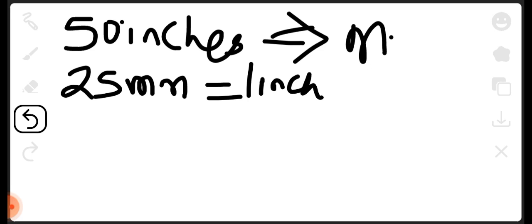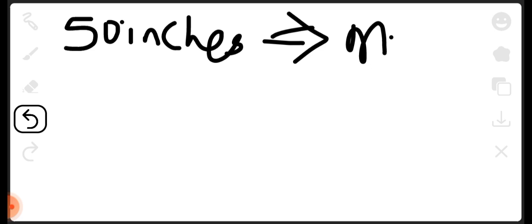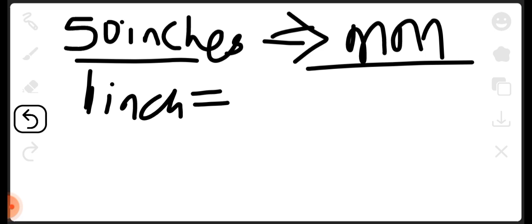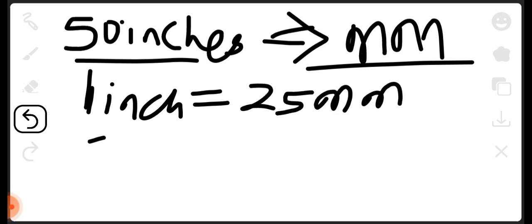Let me just do it from first principle. We are converting this to this. From the conversion rule, we know that 1 inch is equal to 25 millimeters. Then 50 inches will give us what?